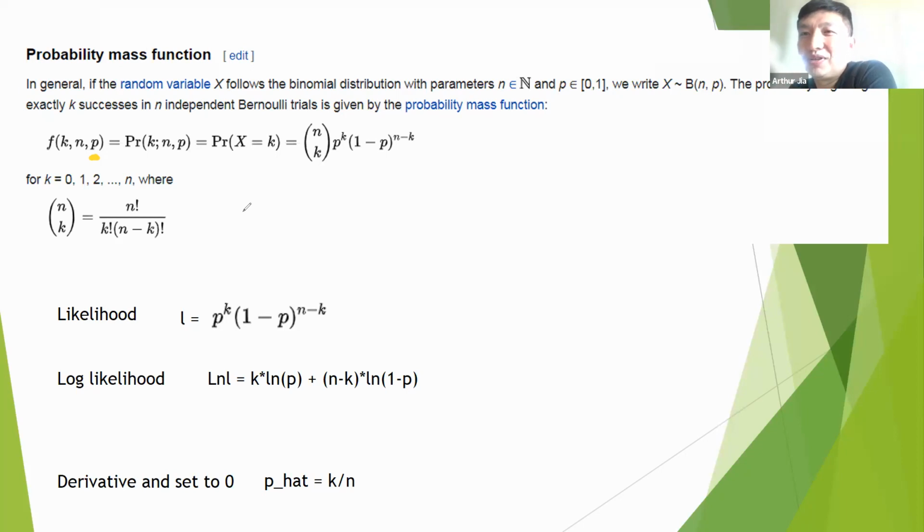R is the parameter we are interested in, and we want to use our data to estimate this R. Actually, R is equivalent to this P, because R is the probability of having a crossover, and here P represents the probability of a successful outcome. Talking about tossing a coin, we can define P as the probability of a head showing up, right? Does that make sense?